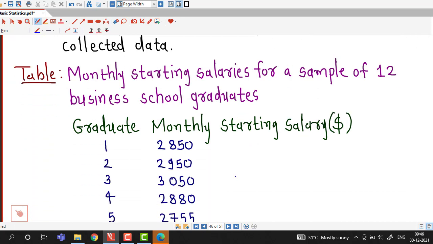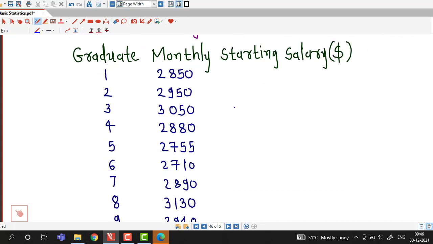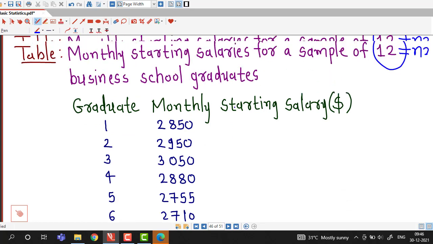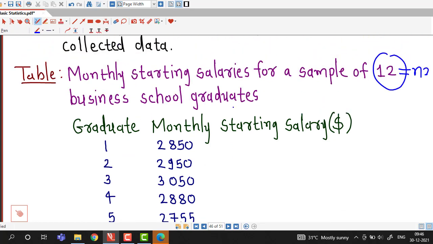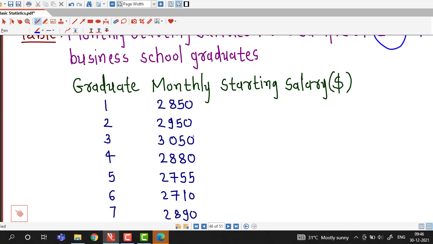We have data of monthly starting salaries for a sample of n equal to 12 business school graduates: 2850, 2950.